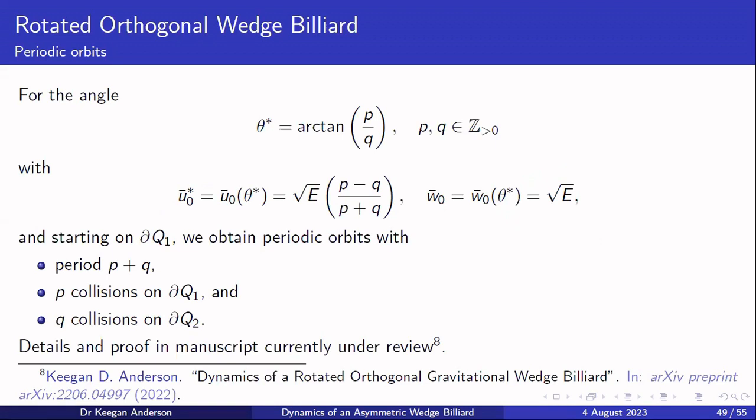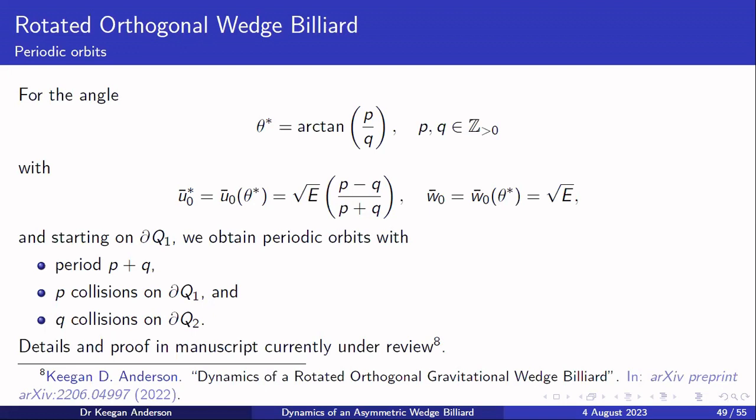If we have the rotation angle as given by the first equation on the slide, where P and Q are integers of your choosing, and you plug those into the fixed point equations and in as initial conditions for this billiard particle starting on the right-hand side wall, then what you obtain is a periodic orbit with period P plus Q. And it will have P collisions on the right-hand side and Q collisions on the left.